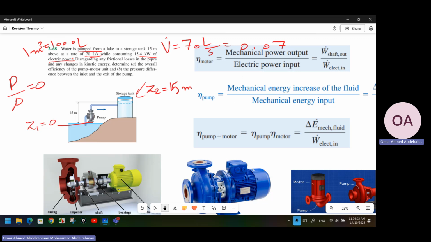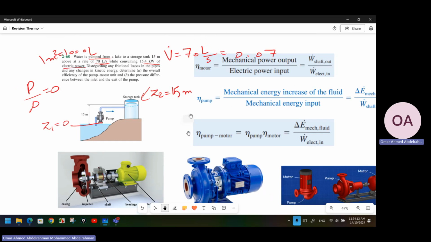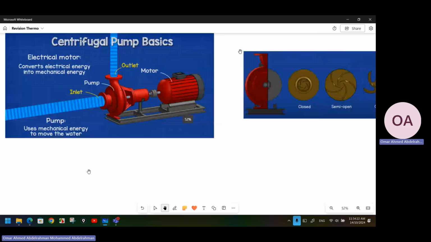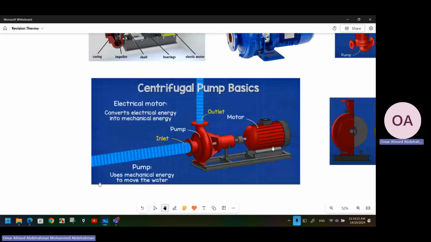The difference between the pump and motor and the hydraulic turbine generator is that the motor will come first. The motor will operate the pump. But in the turbine generator, the turbine is the one operating the generator. So here, the water will come, and the electrical motor is connected to electricity, and it will cause a shaft work. The shaft work will rotate some blades on the pump.